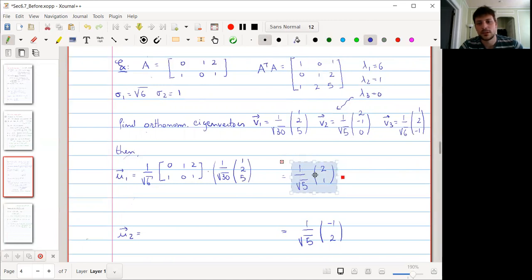Maybe let me take a little bit more space. When you multiply all of this out, you get 1 over square root of 180, 6 by 30, times the following vector.